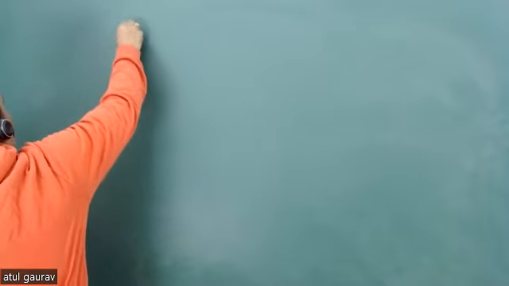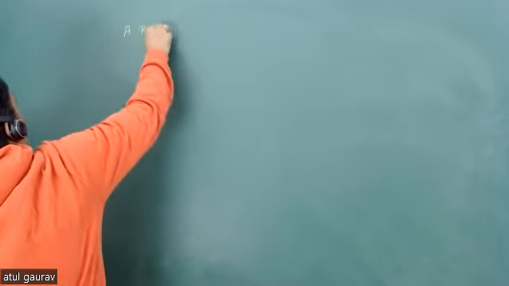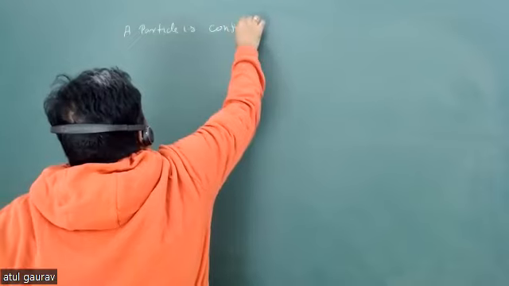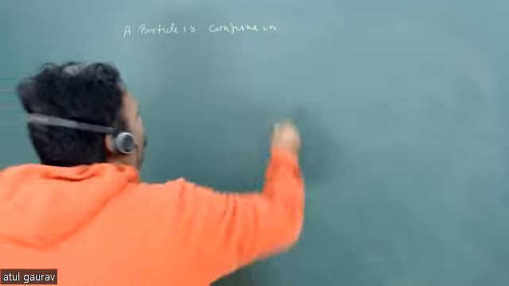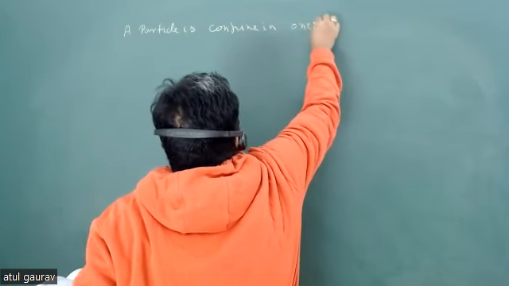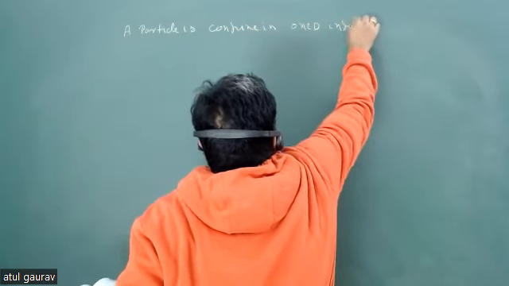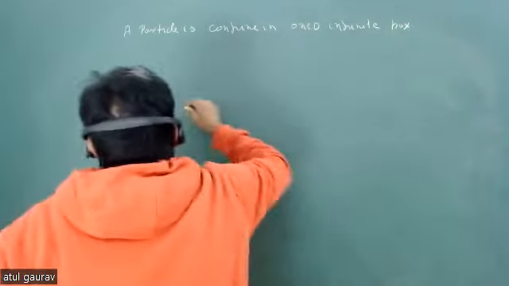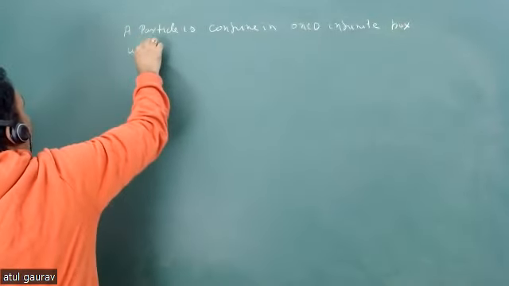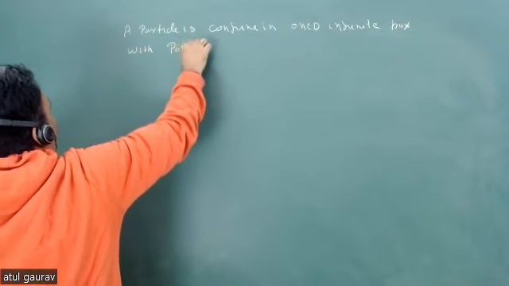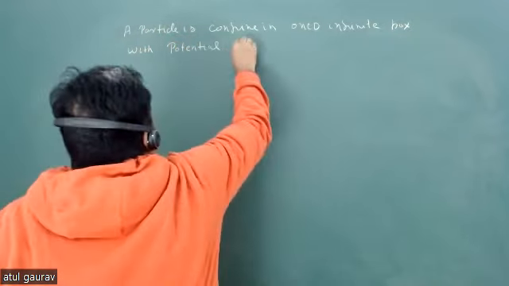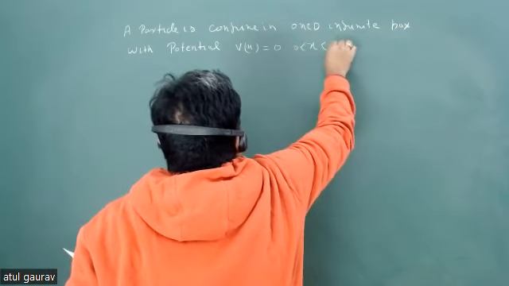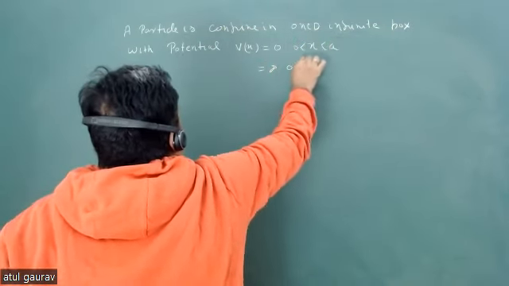A particle is confined in a one-dimensional infinite box, with potential V(x) equal to 0 if x is between 0 and a, infinity otherwise.